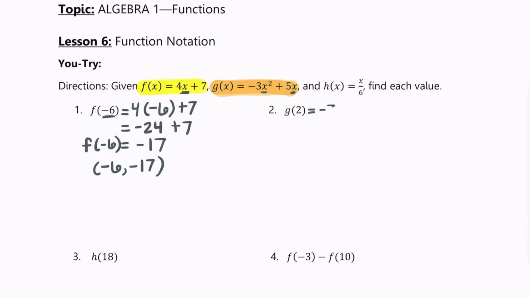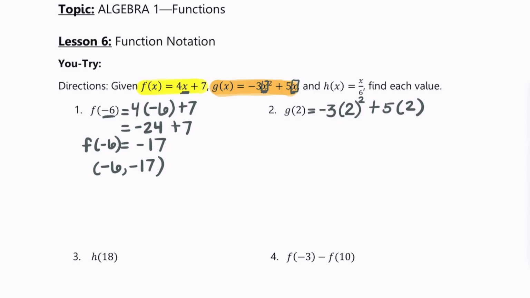I have a -3. I'm taking out this x, that's the only thing that's changing. I'm going to put parentheses around it and plug 2 in. We're still squaring that 2, plus 5, and I'm going to put that x in a box, and I'm going to substitute in +2.